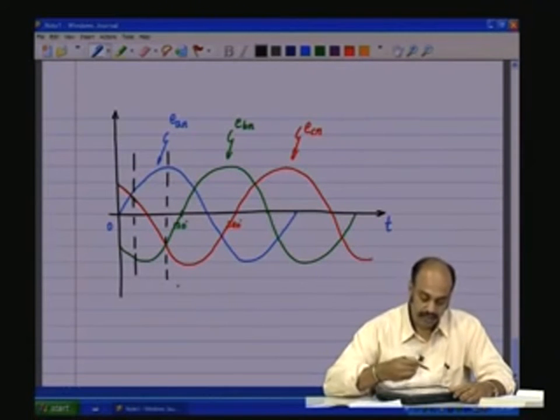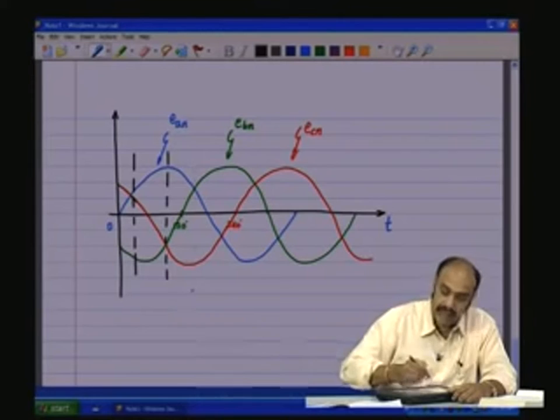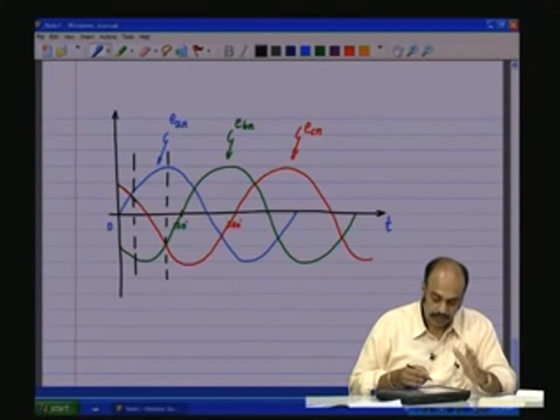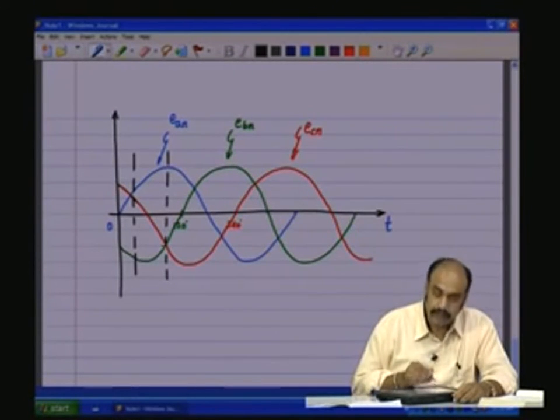So, there will always be a cancelling, and you will see that at any section the sum will be equal to 0.